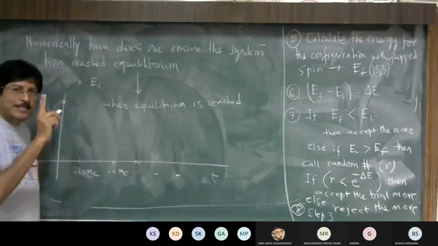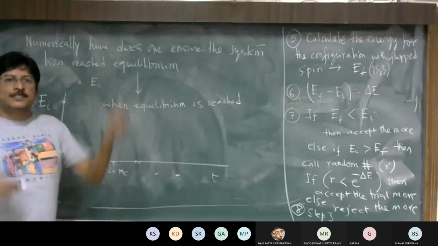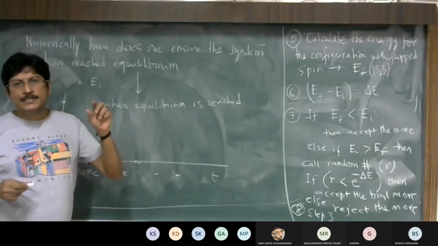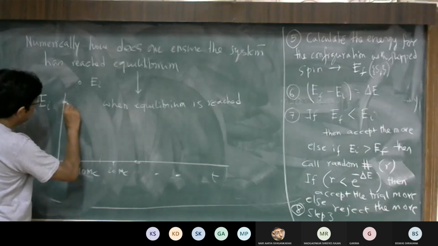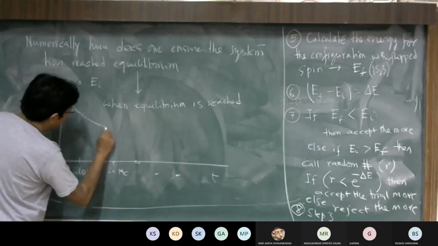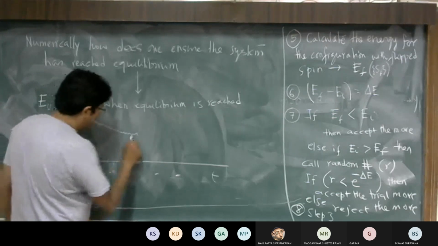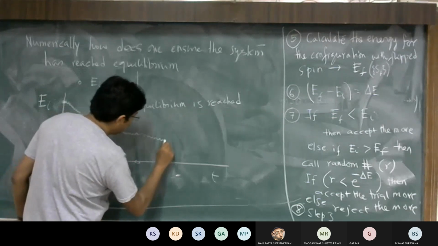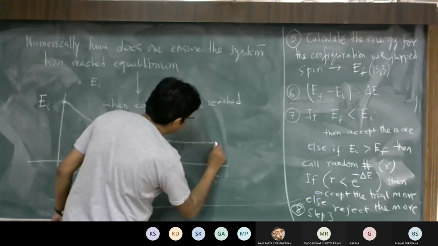Then even for that one sample, as you keep on flipping the spins, the energy will change. Whenever one spin is flipped, obviously the energy will keep on fluctuating. But importantly, what you would see is that there are these fluctuations, but at some point it stabilizes to a particular value.